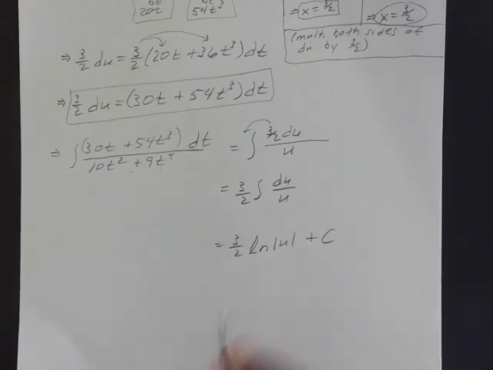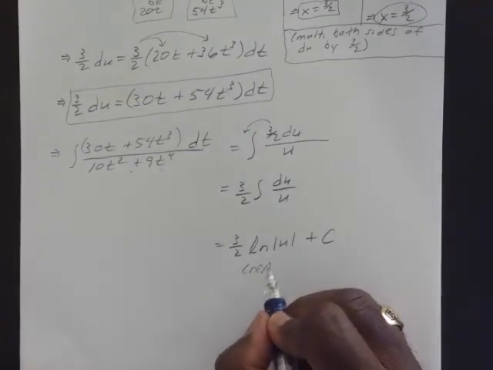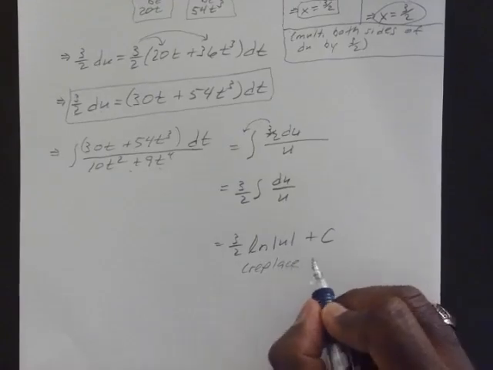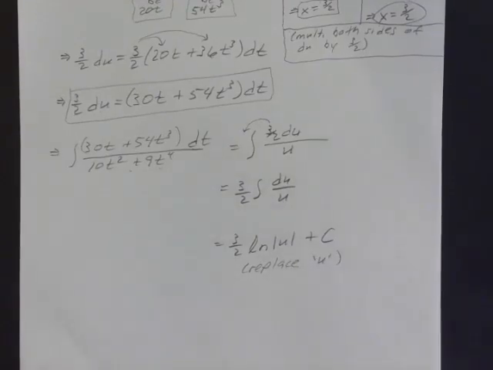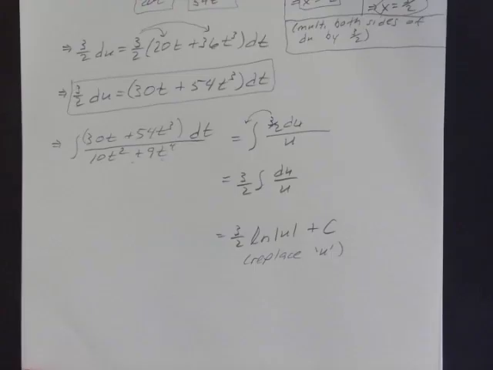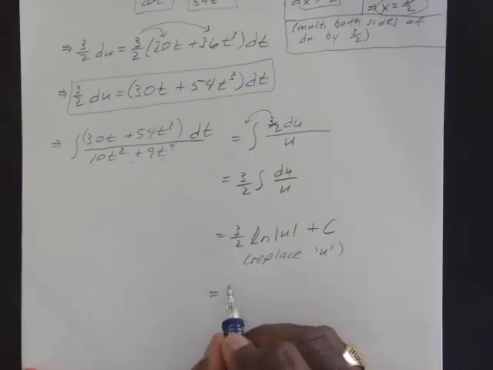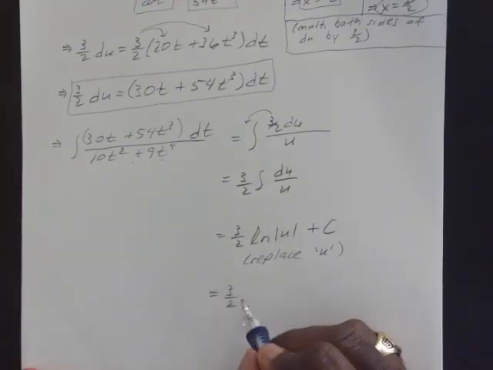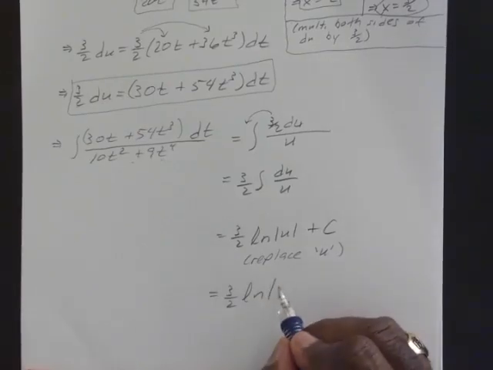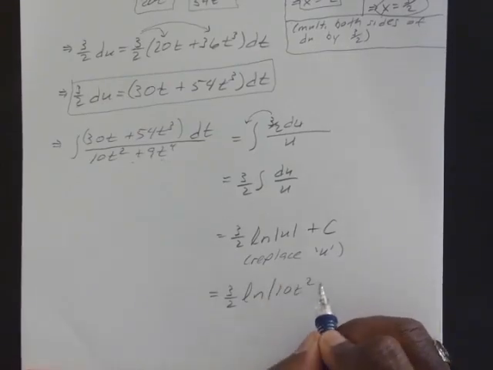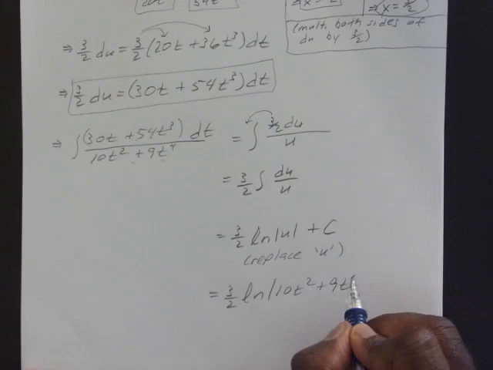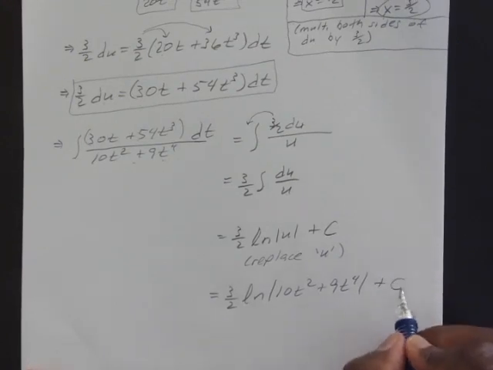Okay, so now the last step, all we have to do is replace u. So that gives us 3/2 times the natural log of 10t squared plus 9t to the fourth power plus c.